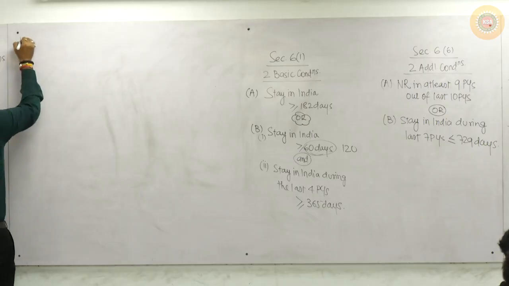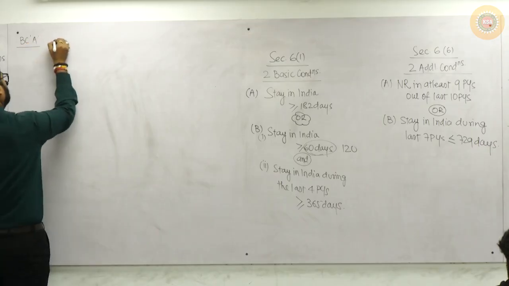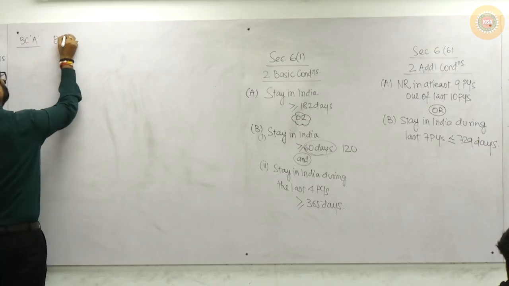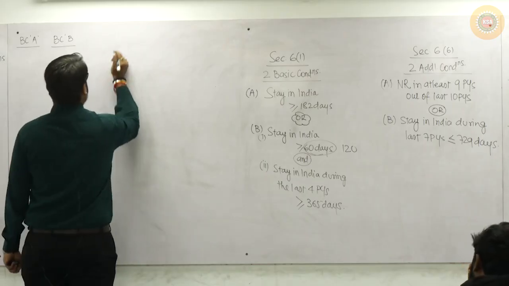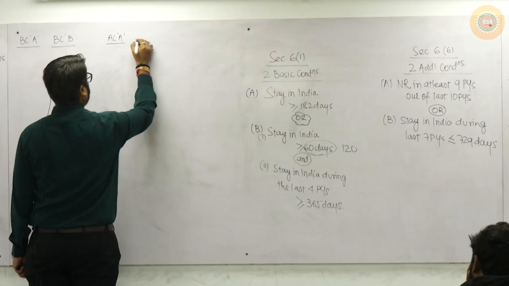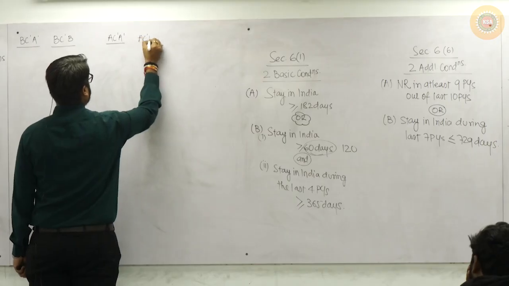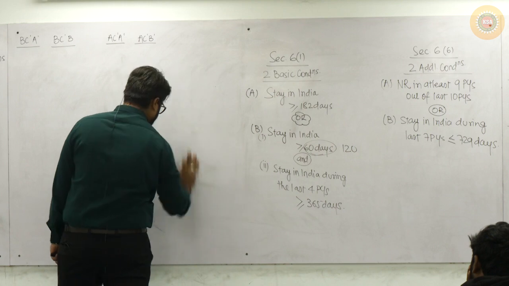Here, basic condition A. Then basic condition B, with some blank space. Then additional condition A, then additional condition B. And then finally, the residential status.